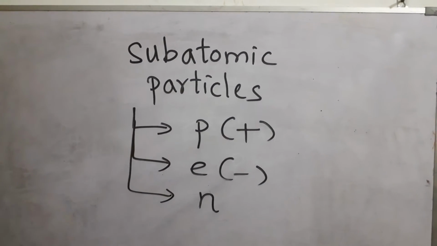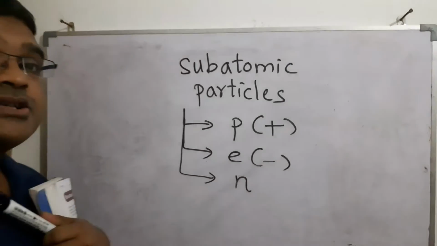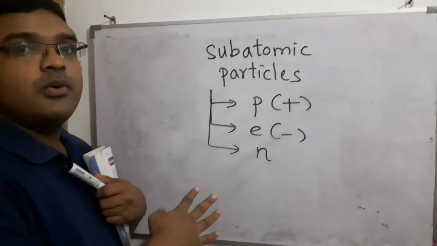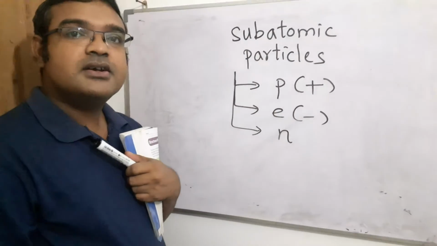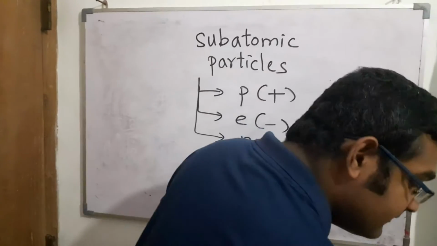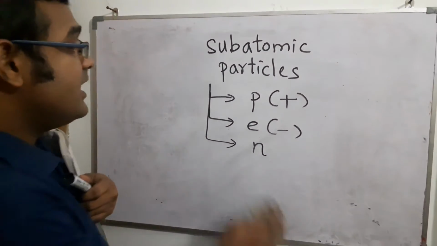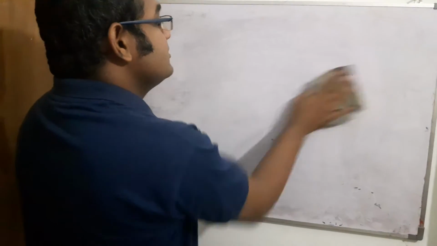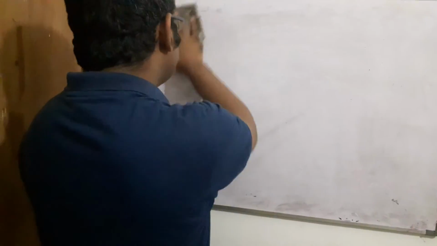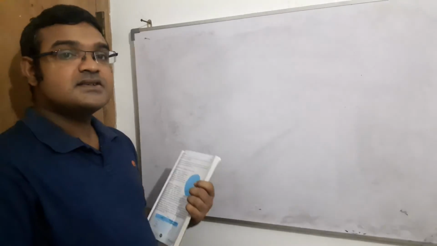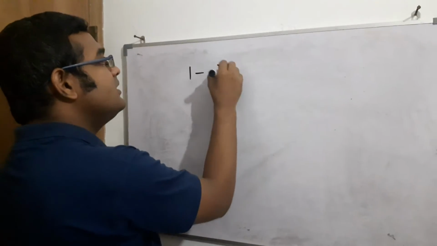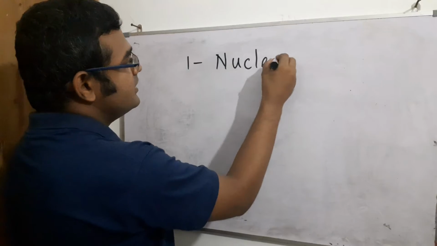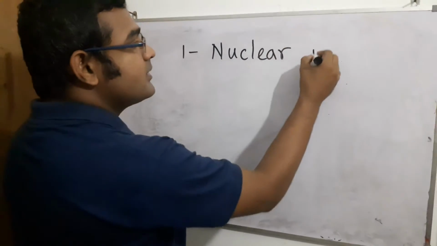Then the scientists wanted to know how these subatomic particles are arranged in an atom. So different scientists brought about different models. In this syllabus we have to discuss 3 models. First one is the nuclear model by Rutherford.